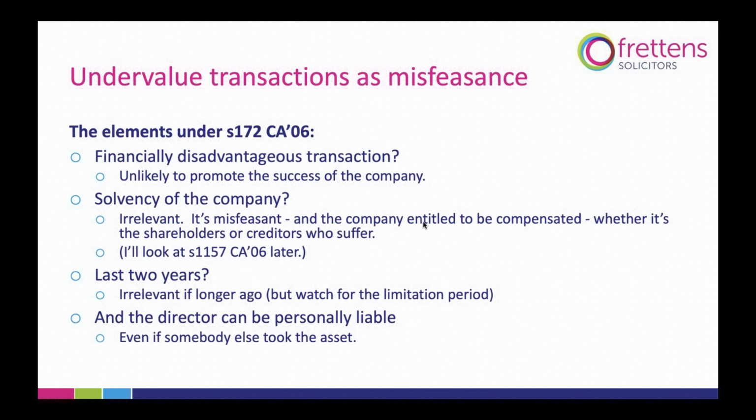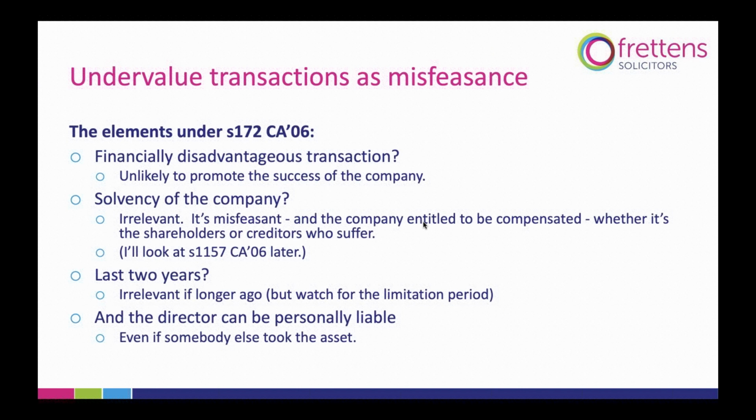If you're bringing the claim under Section 172 of the Companies Act, you don't need to worry about the solvency of the company. It is simply a breach of director's duties for the director to sell the company's property for very much less than it is worth, unless there's a good reason for doing so in good faith.